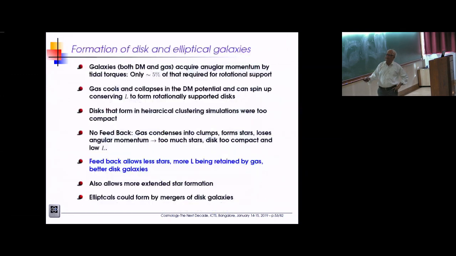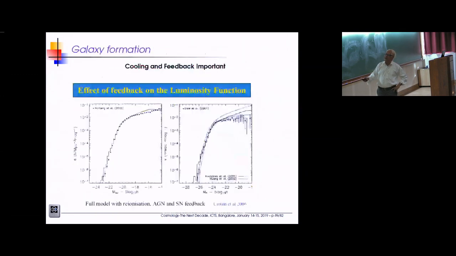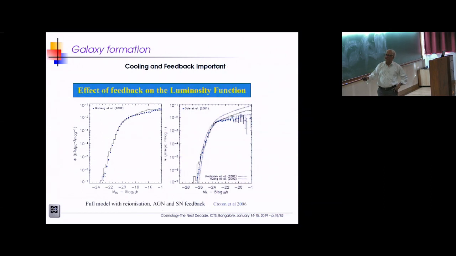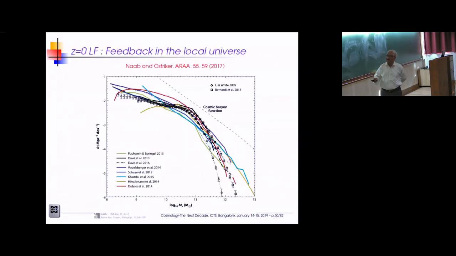So this part of the luminosity function, where you suppress the large galaxies and galaxy clusters from forming too many stars, that part is thought to be due to such AGN feedback. The supernovae don't have sufficient energy to do anything to that part of the galaxy.